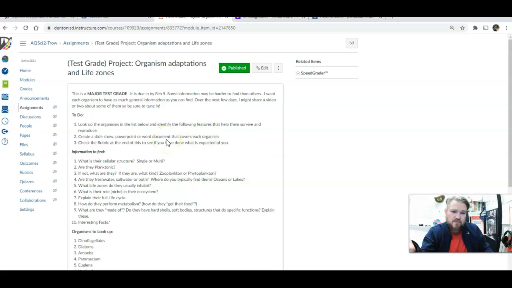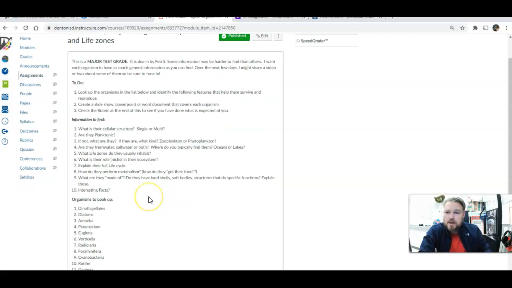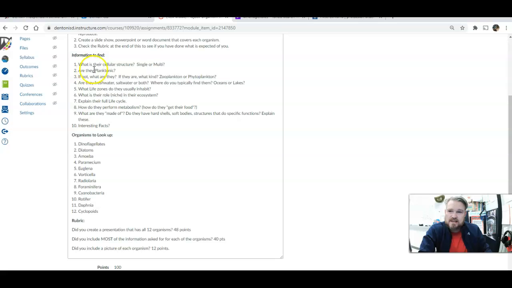So the more information you find, the better, but I'm not looking for everything to necessarily be on there. So the information you're going to find: what is its cellular structure? Is it single or multicellular? You should be able to find that on most of them. About half will be single-celled, and about half are multicellular.